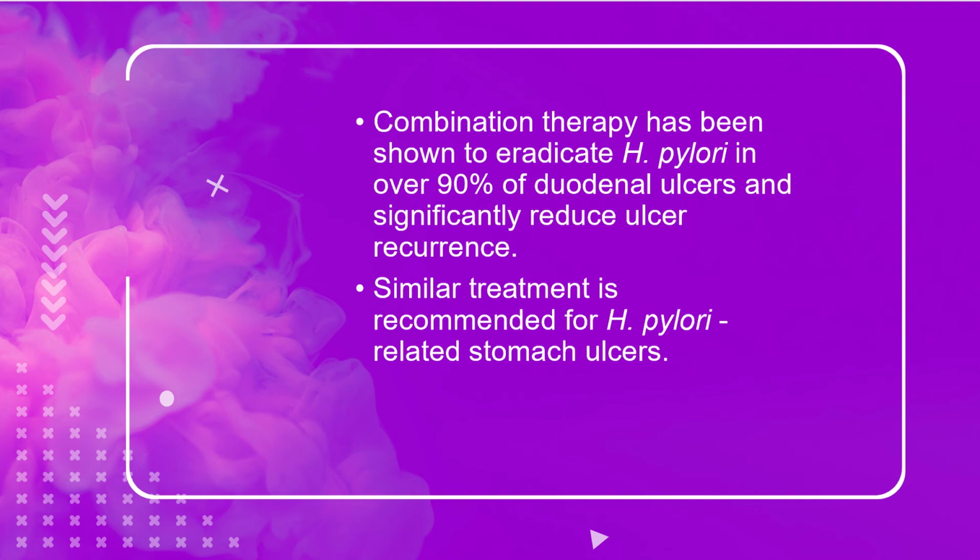All right, so this combination therapy has been shown to eradicate H. pylori in over 90% of duodenal ulcers and significantly reduce ulcer recurrence. And similar treatment is recommended for H. pylori related stomach ulcers.